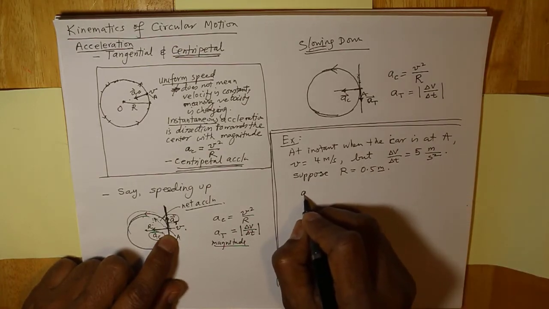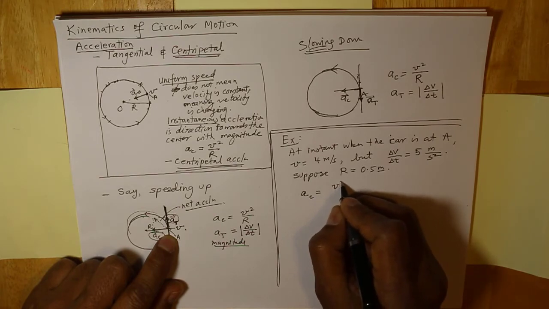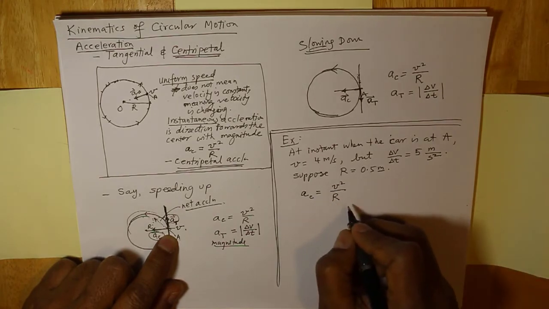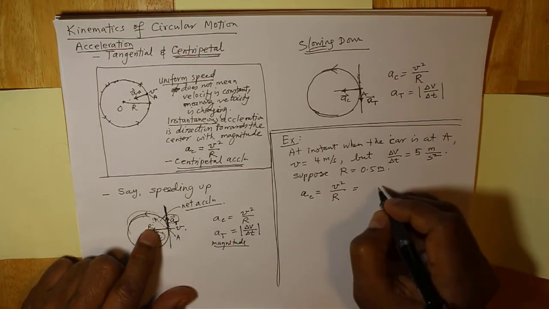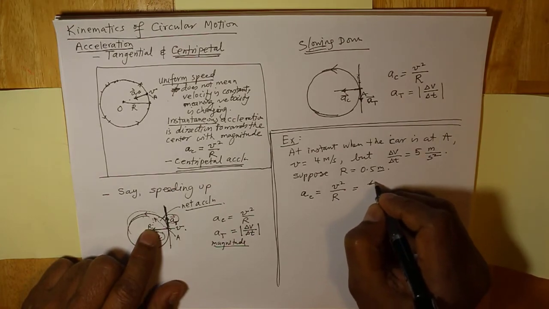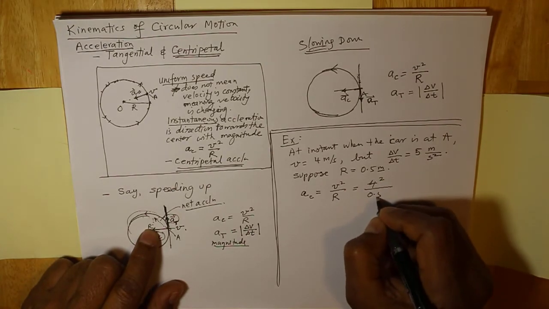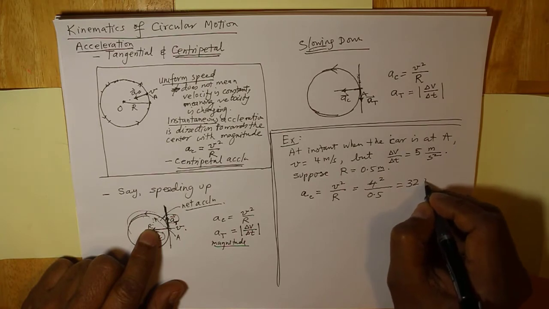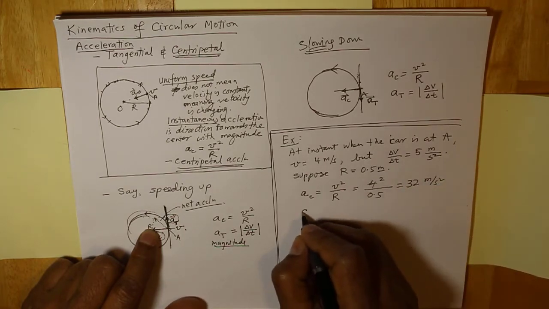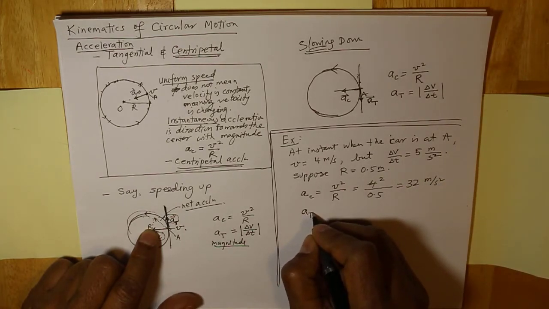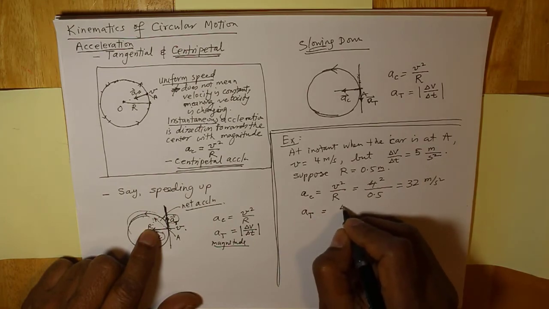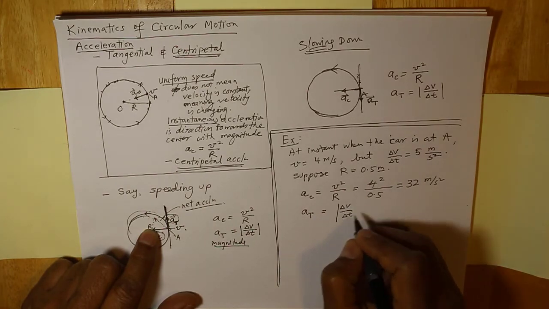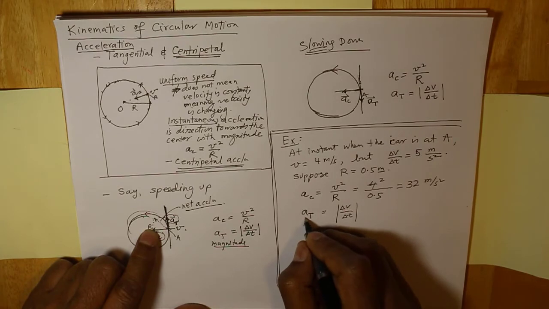We have A sub c will be v squared over r as before, towards the center. That will be 4 squared over 0.5, and that's going to be 32 meters per second squared. But the tangential will be delta v over delta t. Of course, we're going to make it positive because this is magnitude.